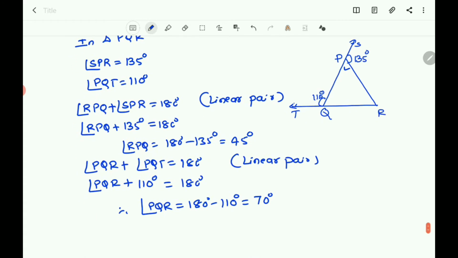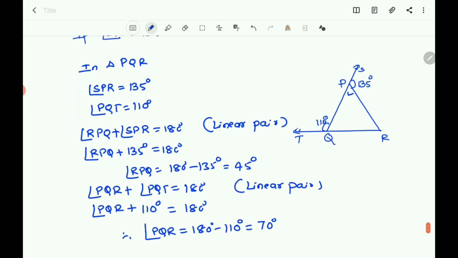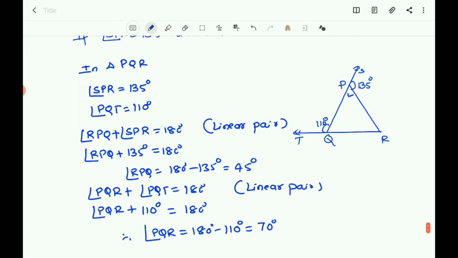Next to get angle R, you can use the exterior angle property, or the sum of interior angles is 180 degree. Angle sum property also you can use here. Here you got that angle RPQ is equal to 45 degree and angle PQR is equal to 70 degree. And you know that the sum of these two is equal to 110 degree, or the sum of these two is equal to 135 degree.